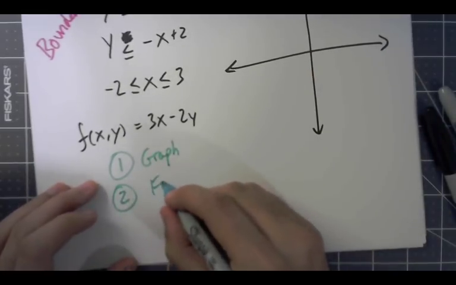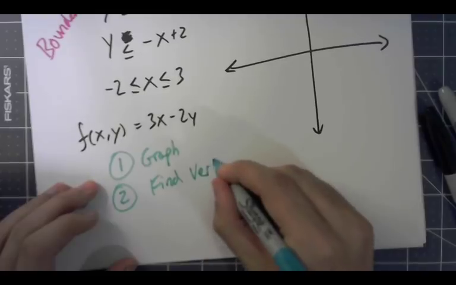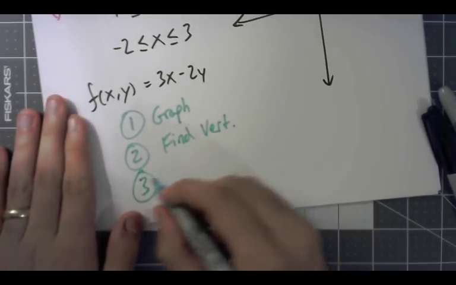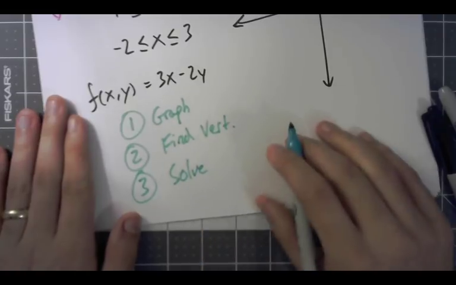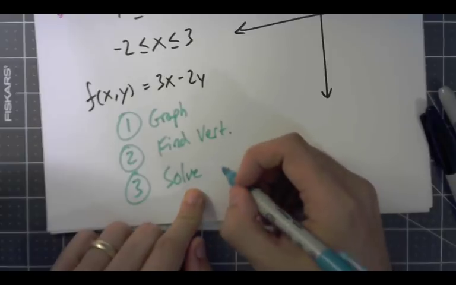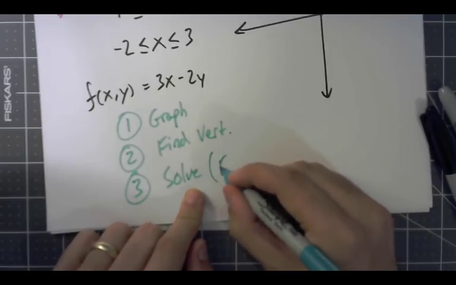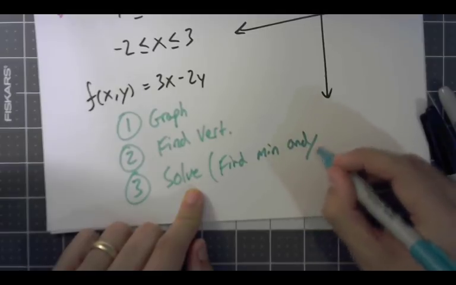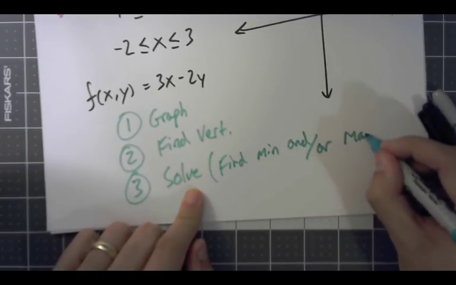Step 2, find the vertices. And the vertices are just a fancy word for the corners, places where lines meet. And then solve our equation. This solve step gets more complicated if it's unbounded. We have to find, also known as just find, minimum and or maximum.